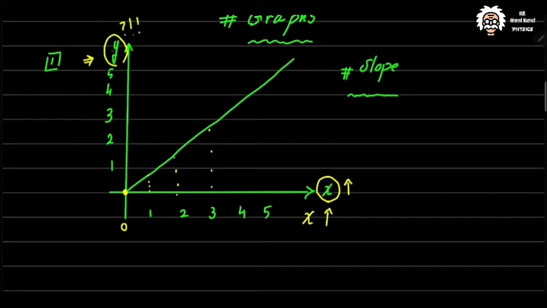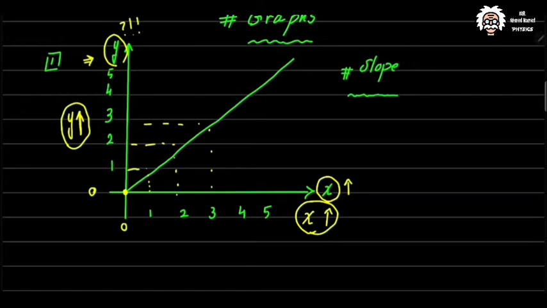And if we look at the y-axis, at first the y was 0, then it becomes 1, then 2, then 3. So the y-axis is also increasing. So in this graph, the x-axis increases, and as a result of the increase of x, the y-axis numbers increase also.